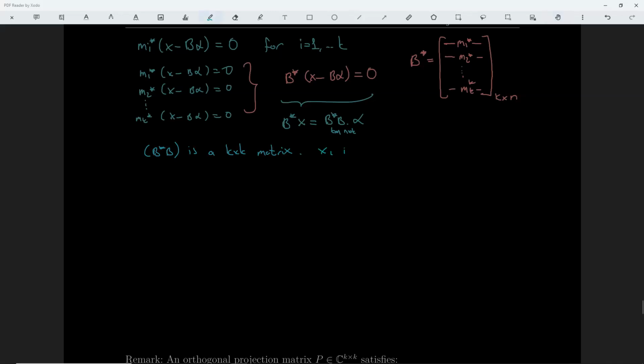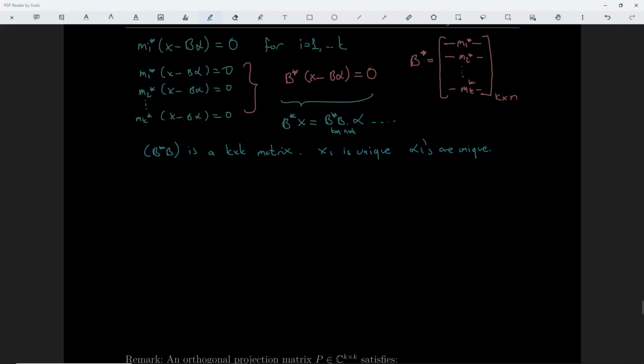x1 is unique. The projection of the x vector onto our subspace is unique, and the composition is unique, so the alpha i's are also unique. They are unique because it's a unique representation with linearly independent vectors.